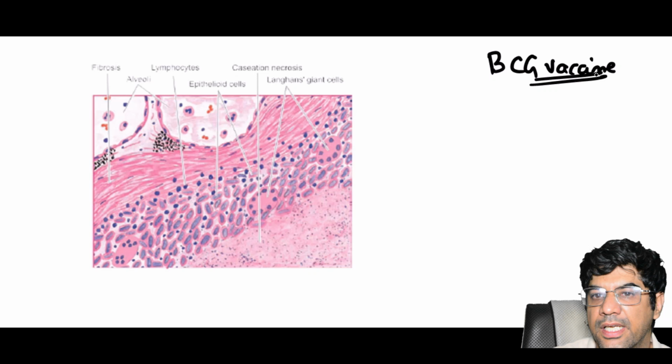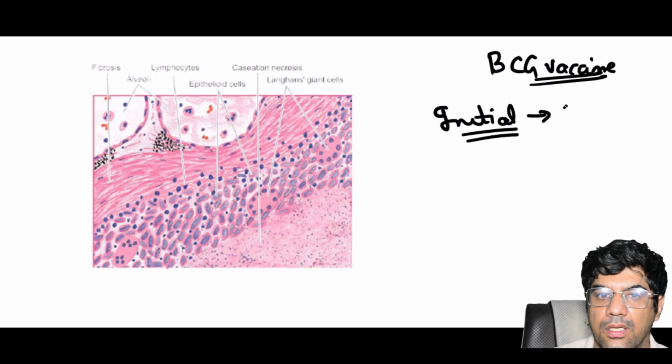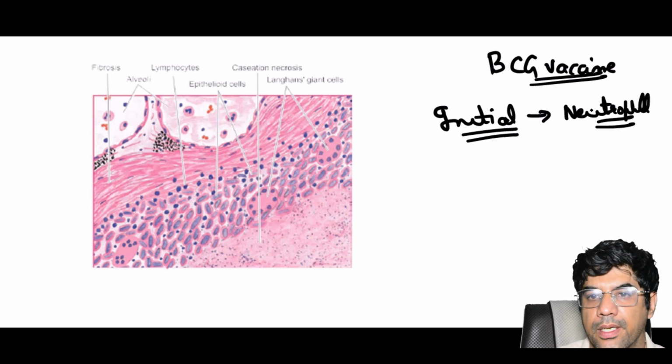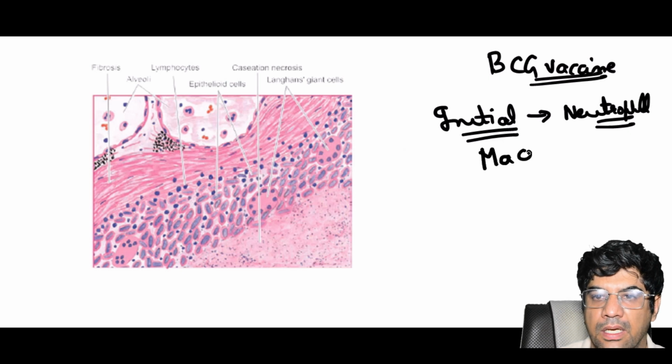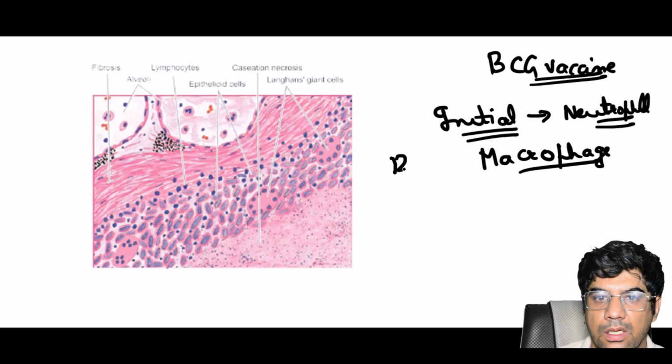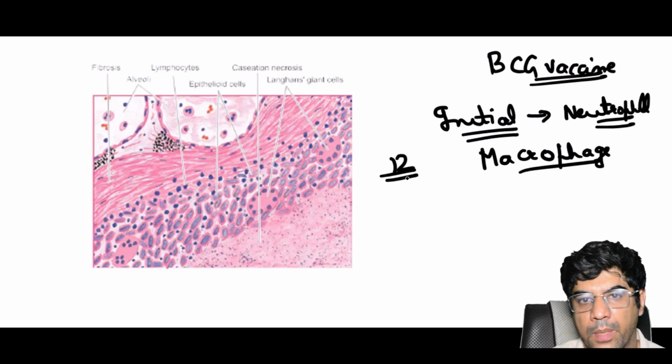First of all, the initial response is the neutrophils. They respond first, but they will be quickly destroyed. Then there is macrophage infiltration after 12 hours. The macrophages will dominate after 12 hours.